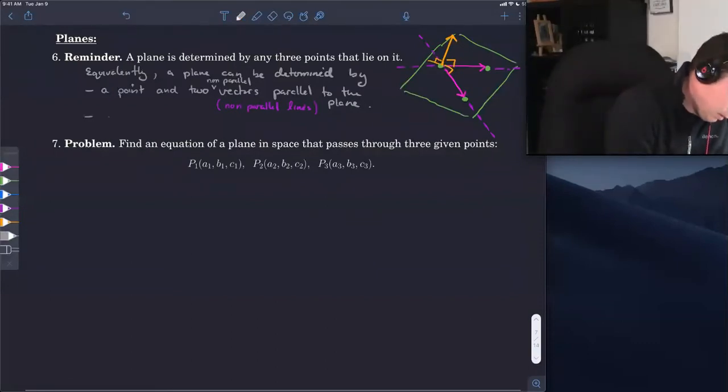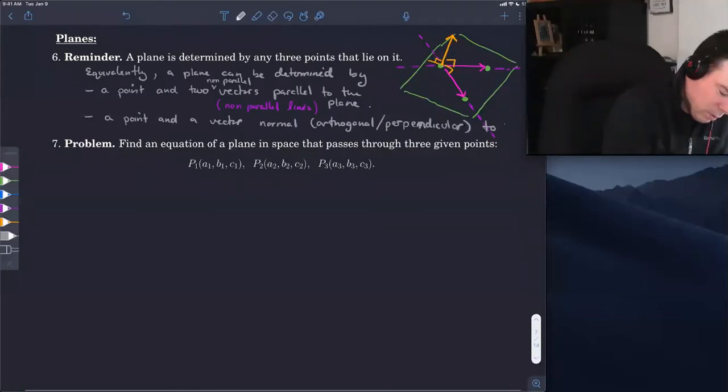So a plane can be determined by a point and a vector normal or orthogonal or perpendicular. These are all synonyms. Perpendicular to the plane.